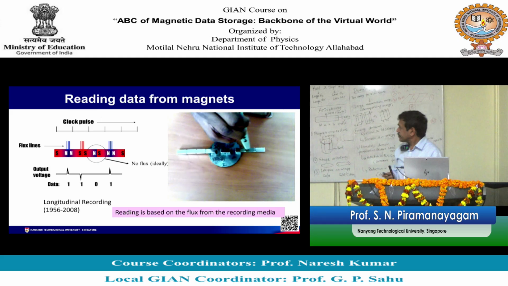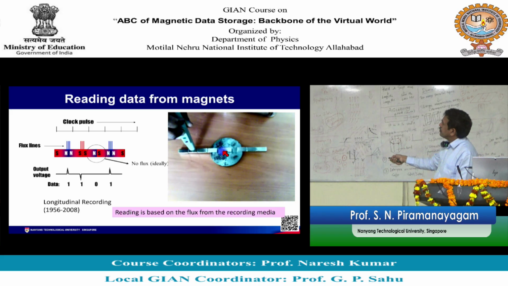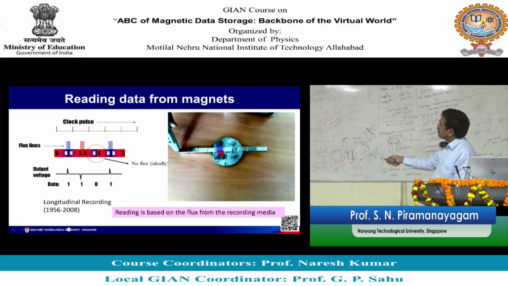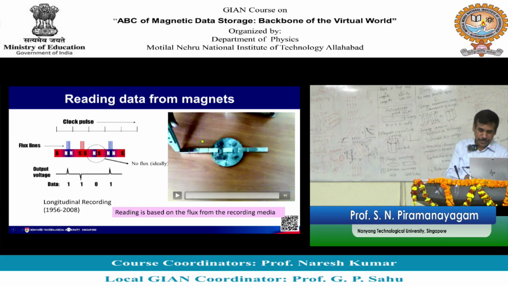So you see, here one of them is north north, another is south south, so the magnetic flux is coming out or going in. But when you keep unlike poles next to each other, there is no magnetic flux.